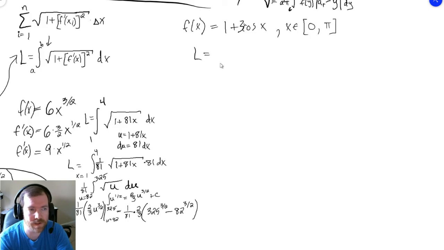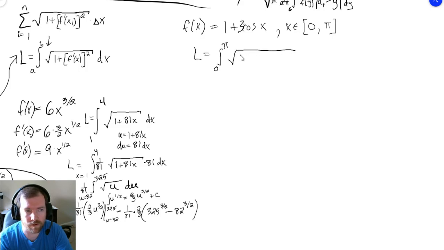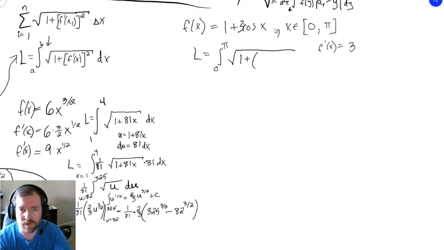Then the length of this thing is going to be equal to the integral from 0 to pi of the square root of 1 plus parentheses. Then we got to find f prime at x, which is going to be take the derivative here. We get 0 plus 3 times, and then the derivative of cosine is going to be a negative sign, so negative 3 sine of x.